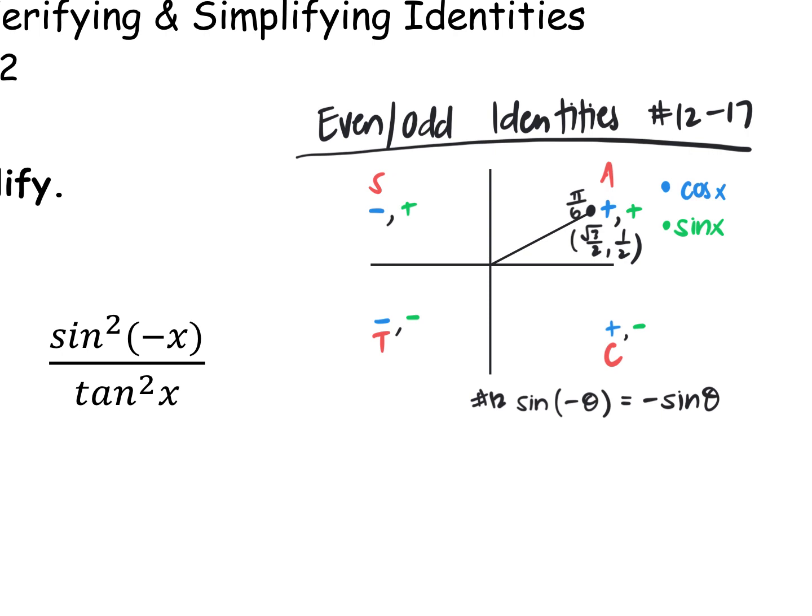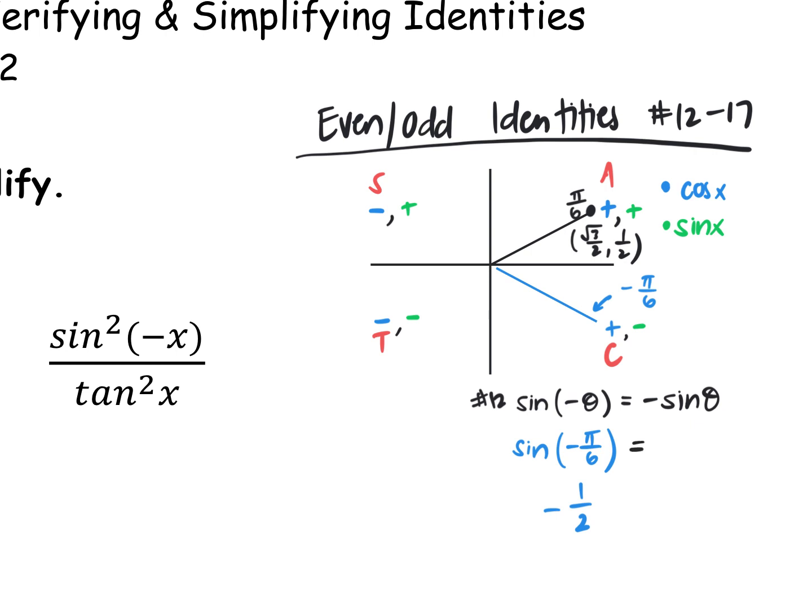Okay, so if I look at that in terms of an example, like sine of negative pi over 6, that means instead of it being in the first quadrant, when I draw my angle, it's actually going to be in the fourth quadrant right here, right? So this is negative pi over 6. So the y value of negative pi over 6, well, that's just negative 1/2, right? You guys agree with that?